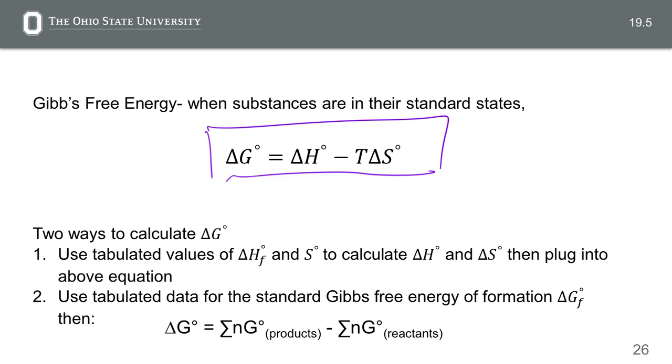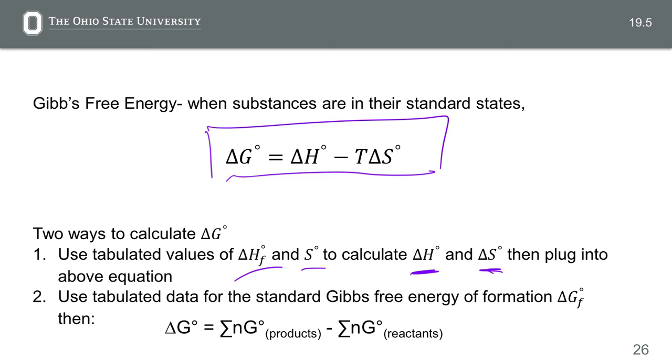So if you have values of enthalpy, delta H naught, and delta S naught, then you have enough information to solve for Gibbs free energy this way. And so you can use tabulated values of delta H and entropy to calculate delta H naught and delta S naught, and then plug those into the equation to solve for delta G. You can also simply be given enthalpy and entropy for a given reaction and solve that.